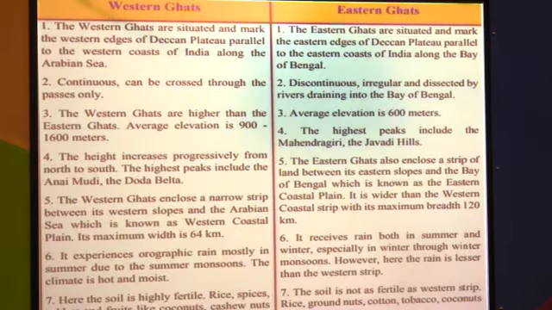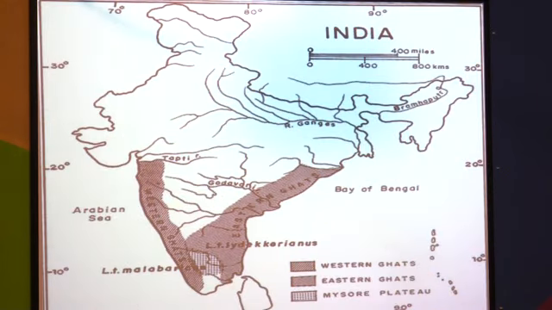When we come to the Eastern Ghats, the highest peaks include Mahendragiri and the Javadi hills. On the eastern part Mahendragiri is one of the highest elevated parts located in the Eastern Ghats area, and the height of Mahendragiri is near about 1500 meters, the highest peak on the Eastern Ghats.